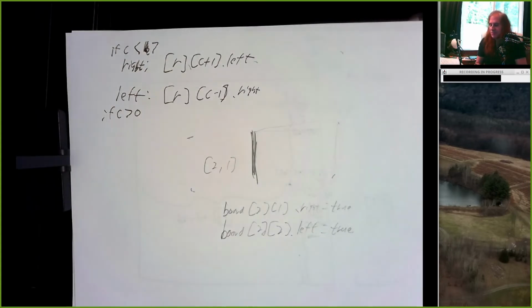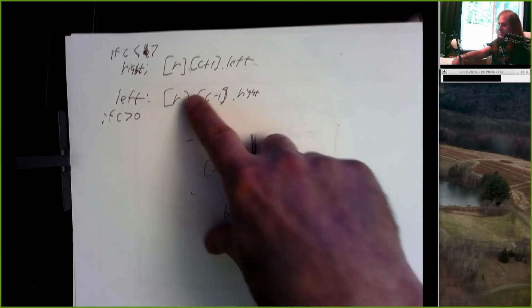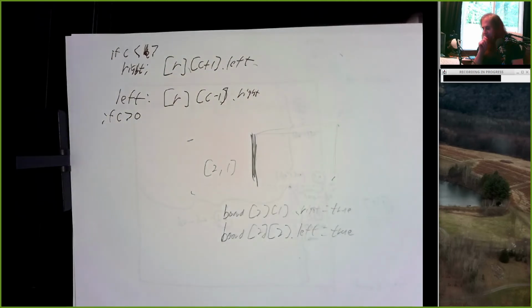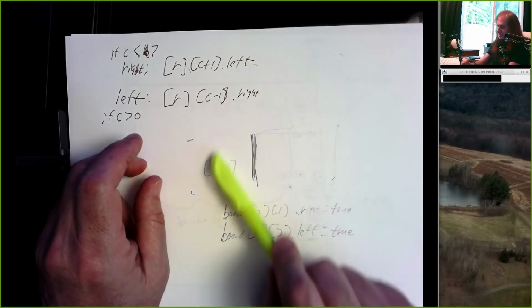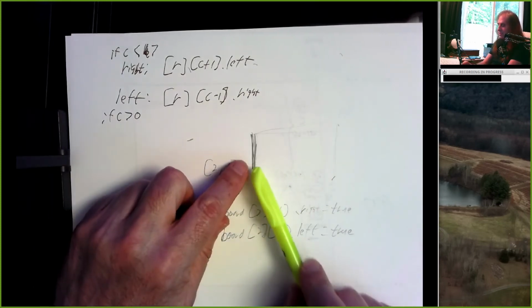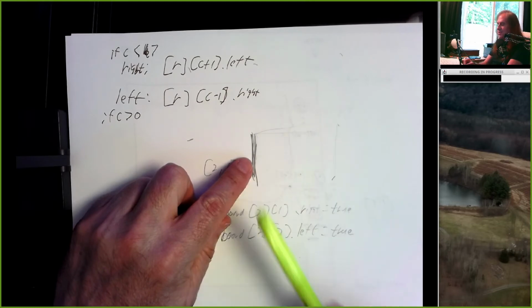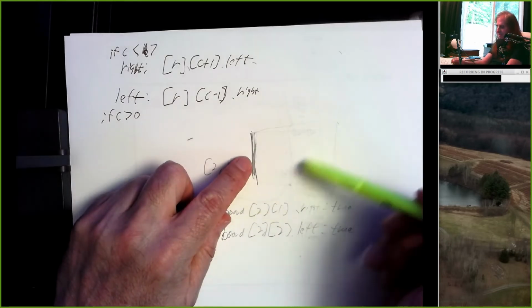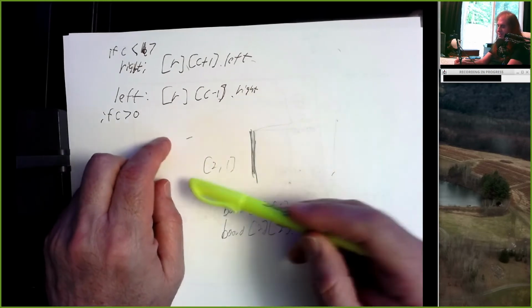I would do this in the most straightforward way possible. And so same thing over here, right? Bunch of if statements. If C is less than 7, then go ahead and set board[R][C + 1].left to be true. And if you're doing this faithfully, if I've just checked this edge in this box over here, I know that this edge must be false in this box right now. Because if someone had clicked over here and turned this on in this box, it should also be true inside this box.